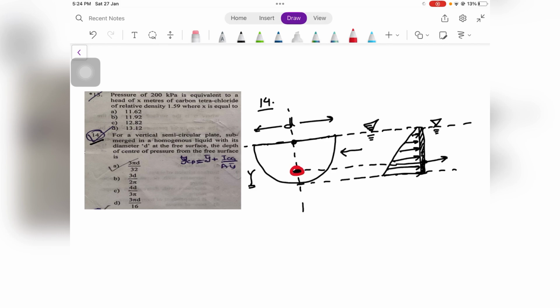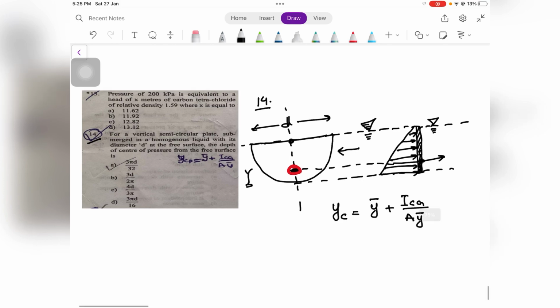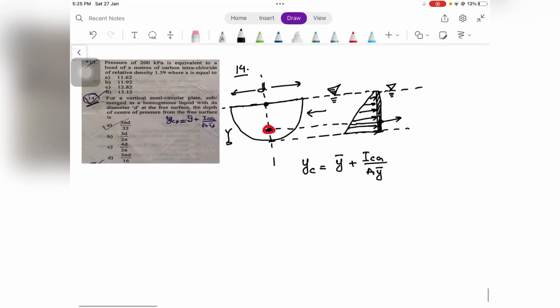All right, so the formula to find the depth of the center of pressure is YC equals Y bar plus ICG upon A times Y bar. Now let us try to understand each and every term in this equation. YC is the depth of the center of pressure from the free surface along the plane of the plate.